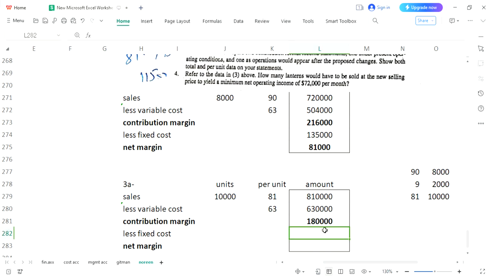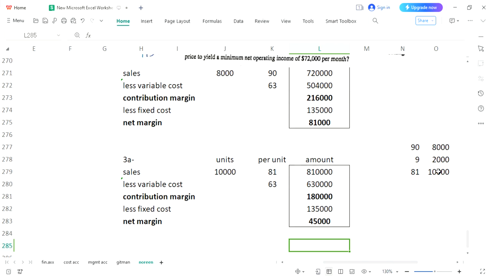You will be using the same 1,35,000 as your fixed cost over here. It's time to calculate your net margin by subtracting fixed cost from contribution margin. Your contribution margin was 1,80,000. Subtract your fixed cost, which was 1,35,000. In this way, you have calculated your new net margin.